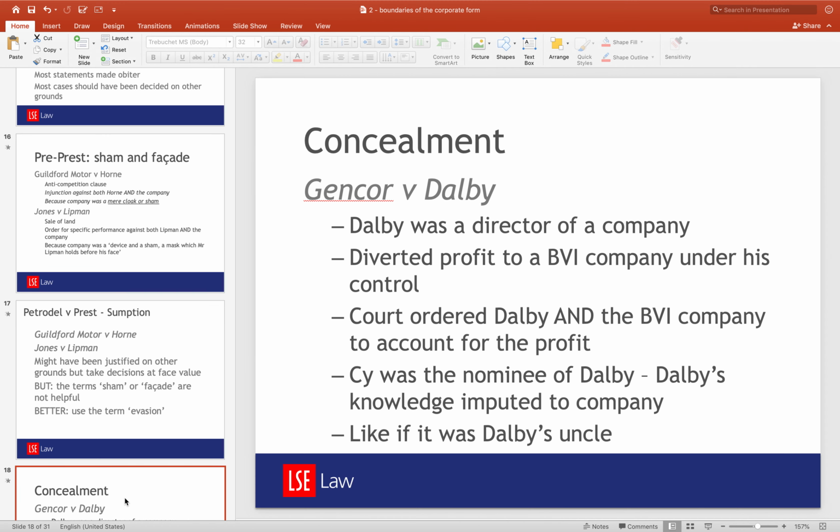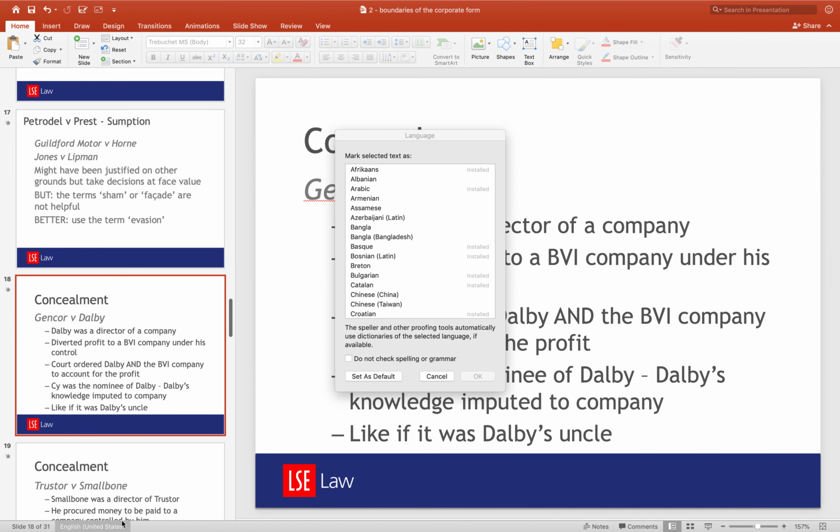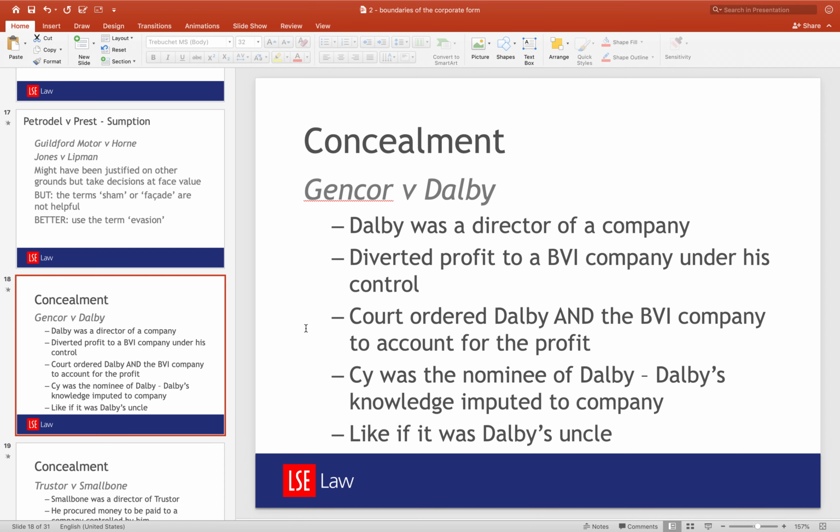Then he goes on to say that some other cases in this area can be explained on the grounds of concealment. So that would be a situation like Gencor and Dalby, where the company was used to hide profits that the director had been hiding from another company, and actually the company was just a constructive trustee.